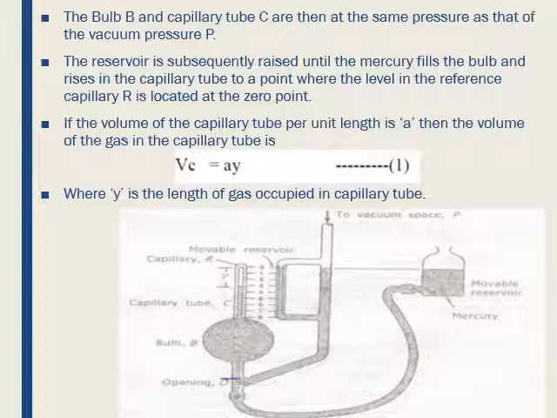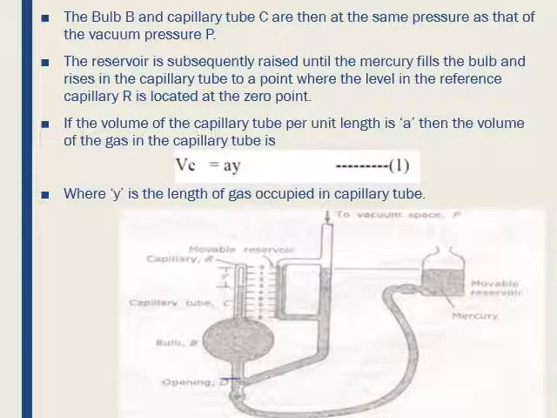Assume that the sump is raised to such a level that the gas at the pressure to be measured, which filled the volume above the cutoff, is now compressed to the volume represented by H, or here Y.